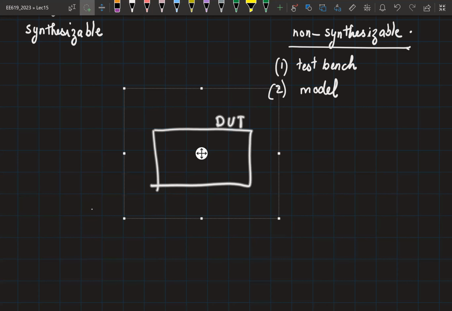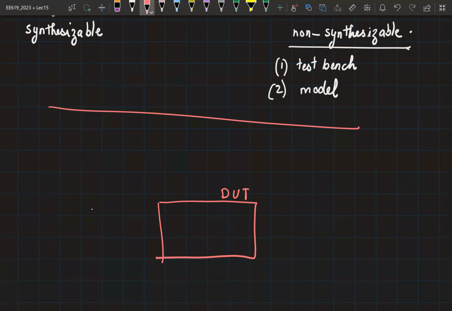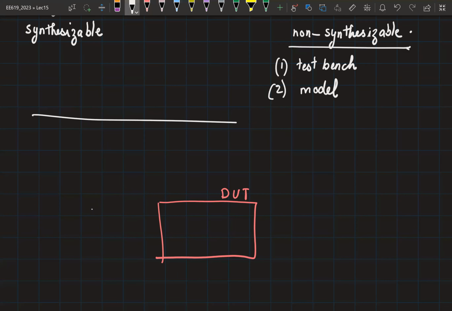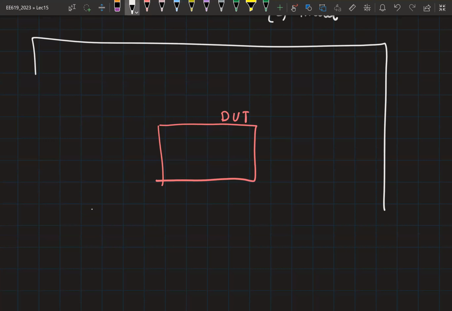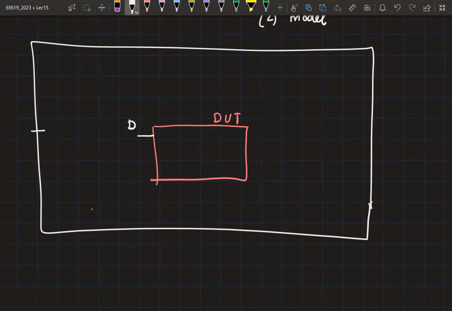For example, let's say you are doing this particular DUT, and you want to verify its results. So let's say it has some data stream, which is a big sequence of ones and zeros. Now, this data stream could be generated from another module, let's say, which has been designed by another designer. Now, you can simply get a file consisting of that data stream, store it in your PC, and then you can access the bits directly from that file.